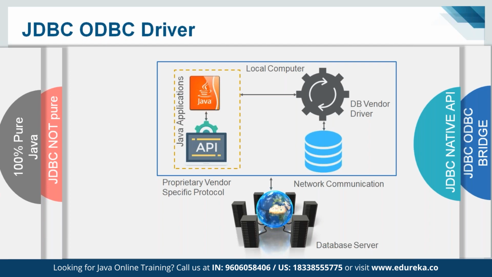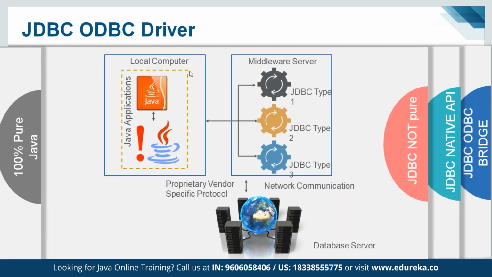The point to understand is that every database vendor has developed their own native APIs in C and C++. Then the third one is the middleware. The Java program connects to a net protocol driver, and from there it connects to the database. It is a middleware server.